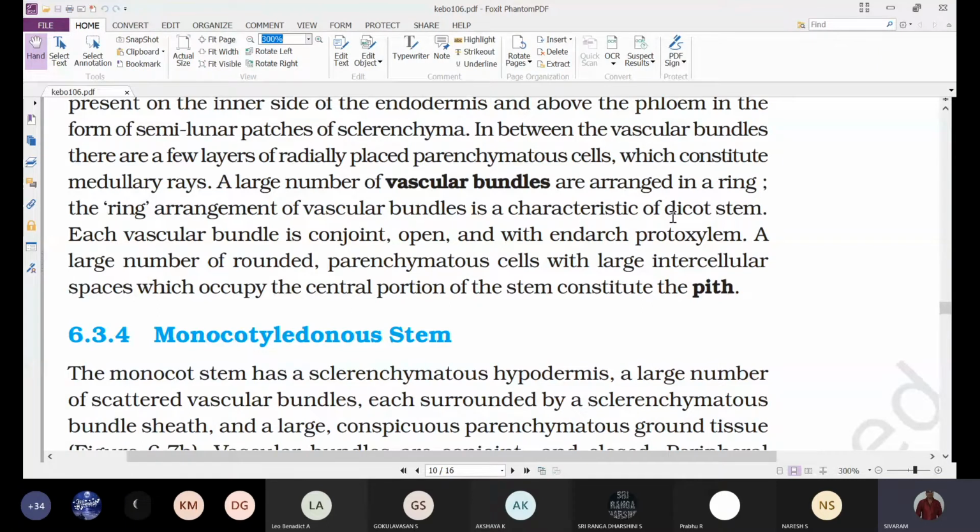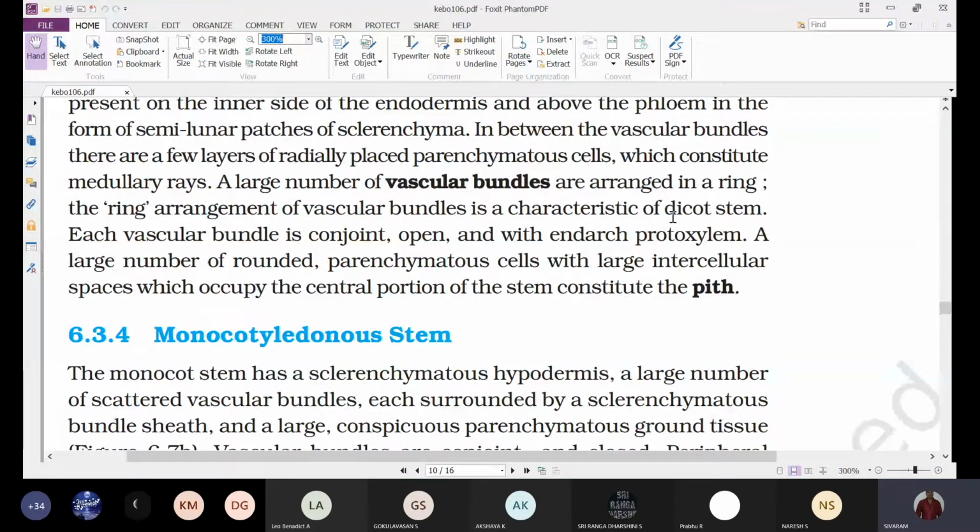Why? Because in a dicot stem, a large number of vascular bundles are arranged radially in a ring-like structure. But in a monocot stem, they are unevenly distributed throughout the cortex or throughout the ground tissue. There is no specific arrangement in the monocot stem.